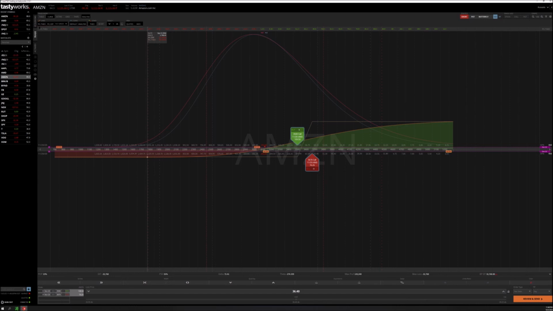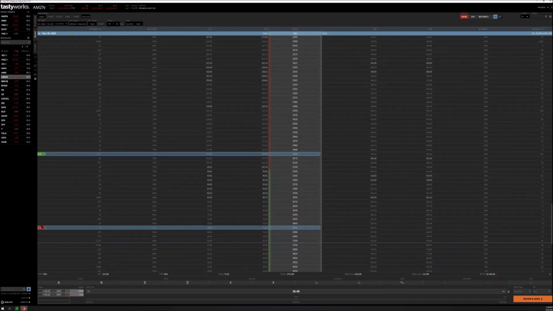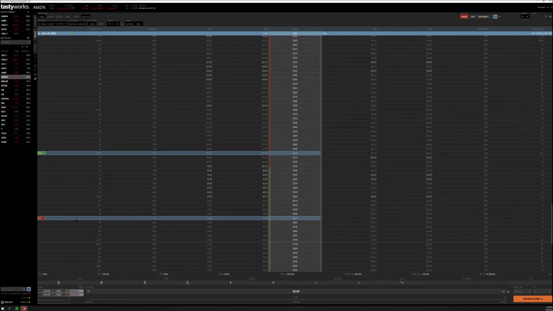Okay, so let's go look at the table. We had 50-point strikes, and this has a 70-point strike. So 33. It costs a little bit more money to go that farther out. Why is it?